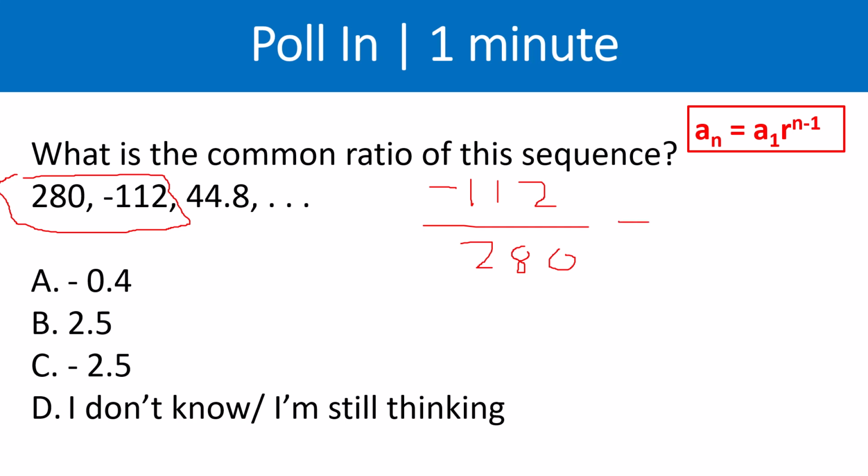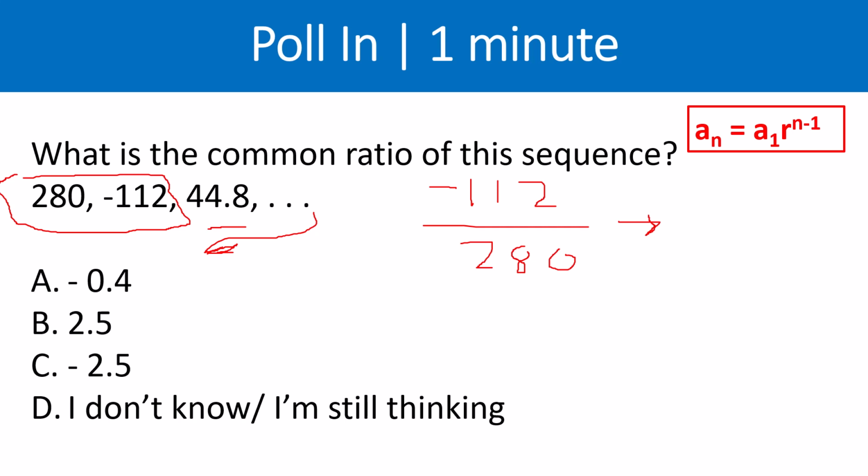So simplifying, keep it in fractional form, but I'm looking at my answers and even my sequence, and I'm going to go ahead and divide negative 112 by 280, and I'm going to get negative 0.4.